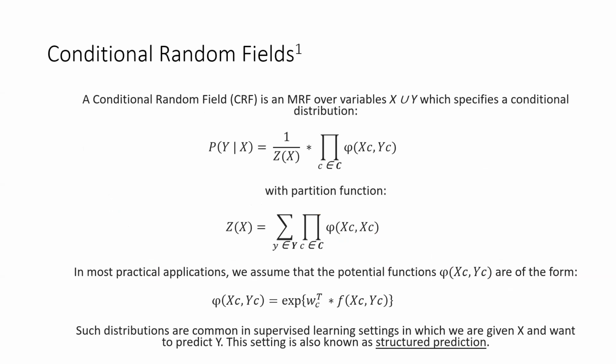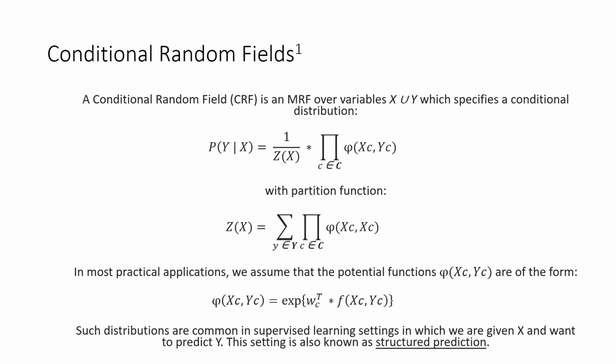Now, conditional random fields are another variant. They are a subfamily of MRFs. This is very important because they are used a lot in practice. A conditional random field is an MRF over two kinds of variables, x and y, which specifies a conditional distribution of the variables x given the variables y.